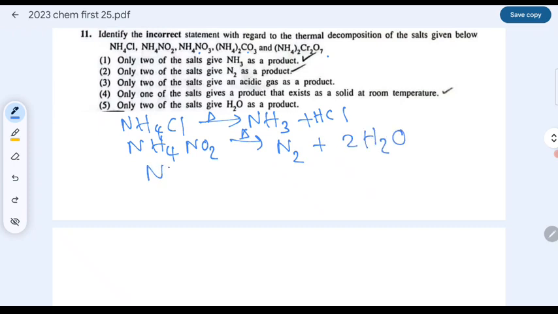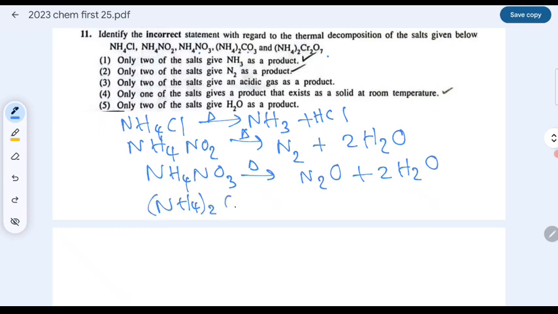Then ammonium nitrate, when thermally decomposed, it gives N2O plus 2H2O. Then ammonium carbonate, when thermally decomposed, it gives ammonia plus carbon dioxide plus H2O.